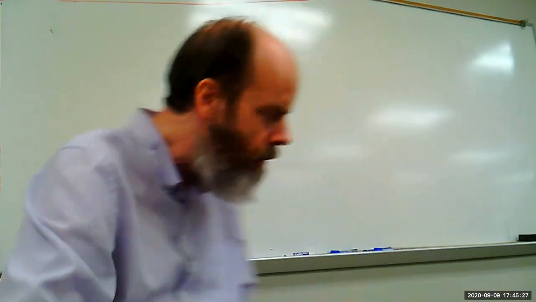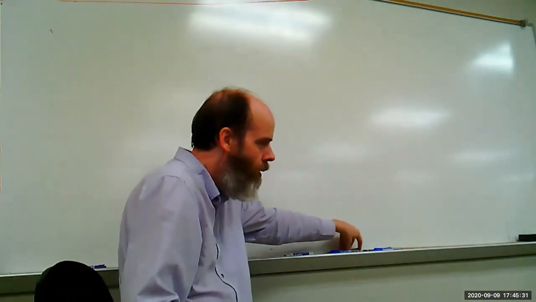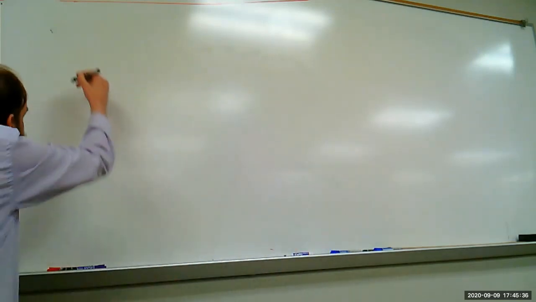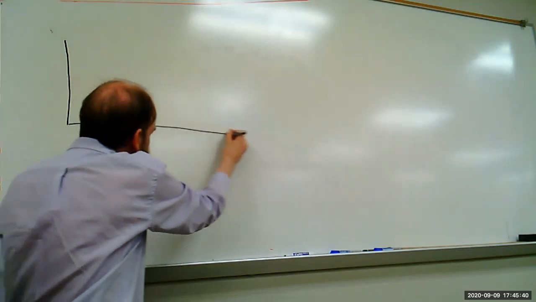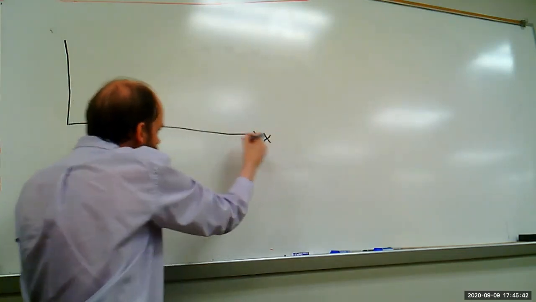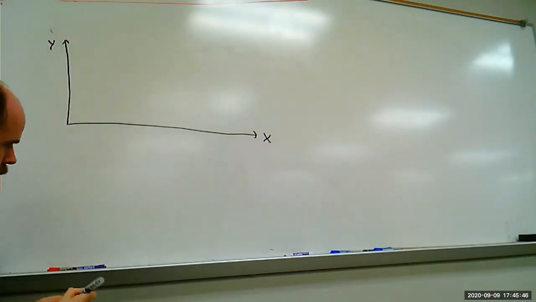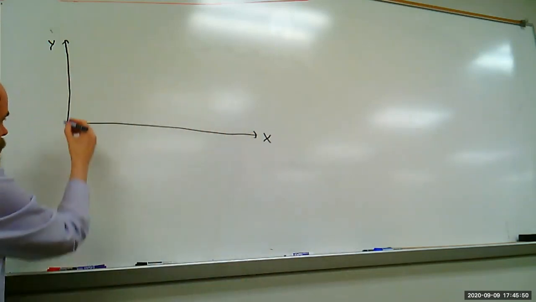The first thing we do is draw a pictorial representation. I will start by drawing my X and Y axes, X, Y. Here's a football.